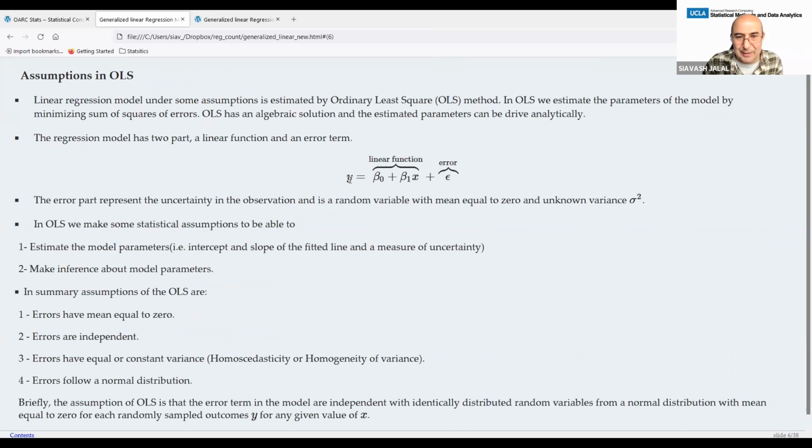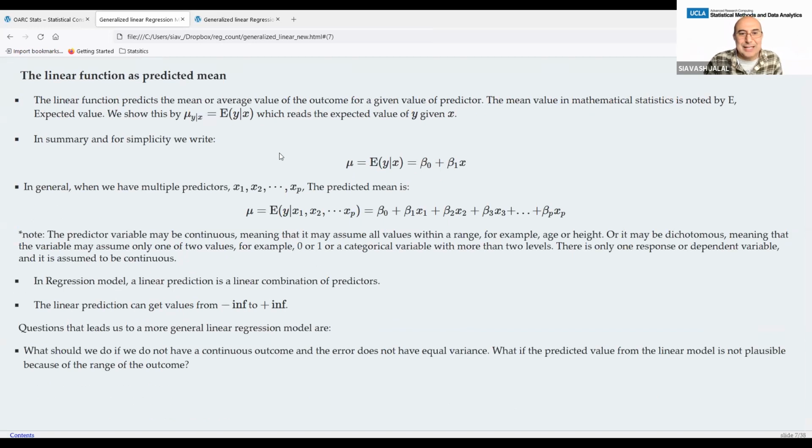It's given a particular X. And that Y is a random variable with variance equal to sigma squared for given X, and this sigma squared is equal for every Y, right?